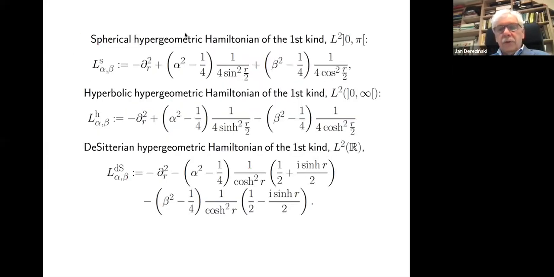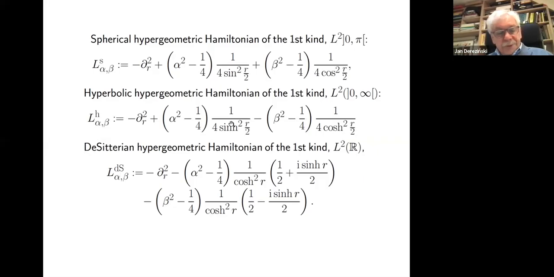Yeah, so if you do this, you get the spherical hypergeometric Hamiltonian of the first kind. If you do the same on the hyperboloid, where you have two groups of variables, and the first has a negative signature, the second group has a positive signature, then you get the hyperbolic hypergeometric Hamiltonian of the first kind.